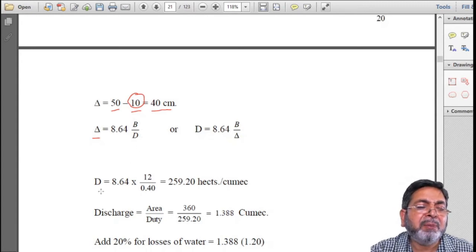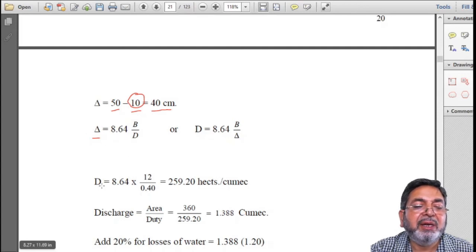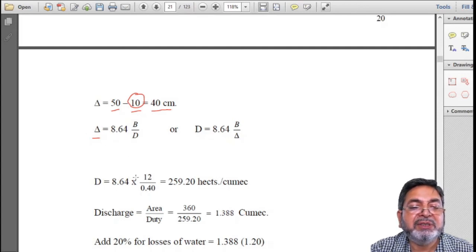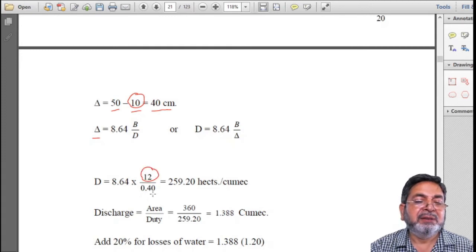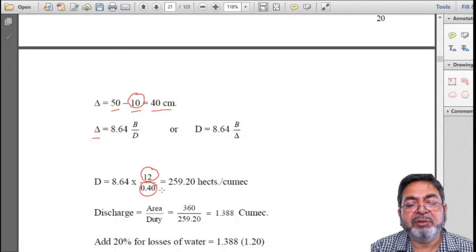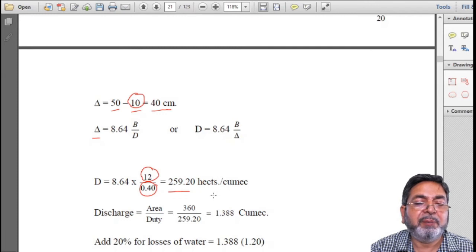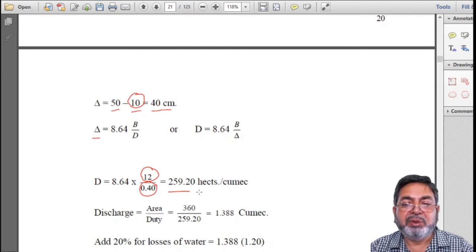So duty will become 8.64 times 12, the base period, divided by delta, and delta I told you is 0.4 meter. 40 centimeter it was there, but in meter you can convert, it will be 0.4. So duty you are getting 259.2 hectares per cumec. Understand? So this is the duty which was required.